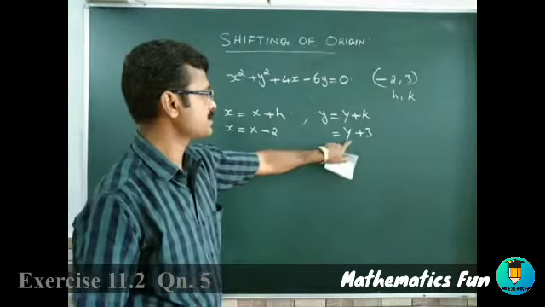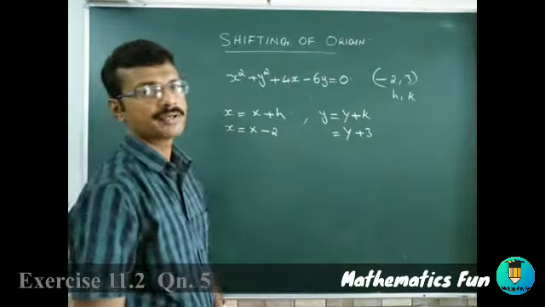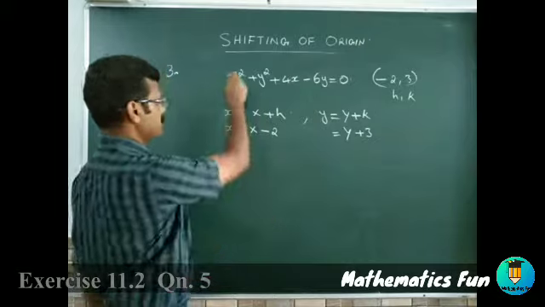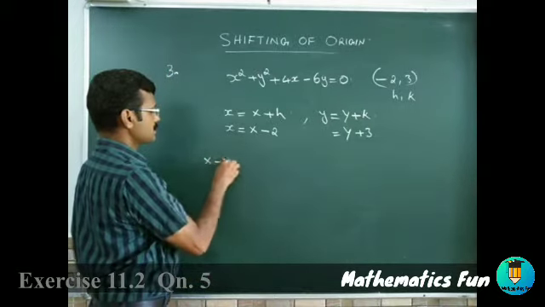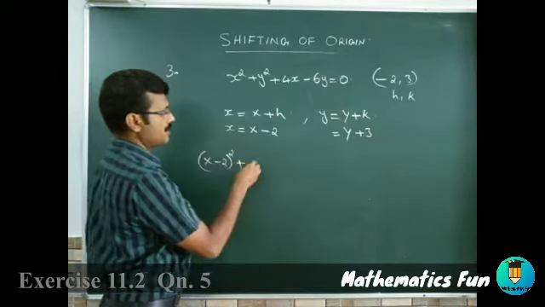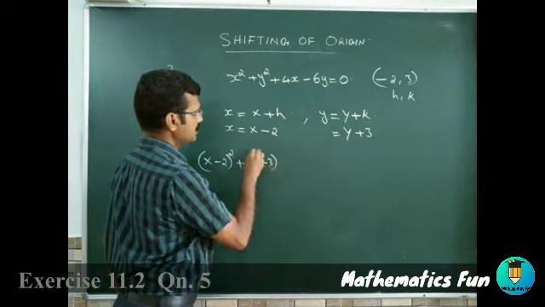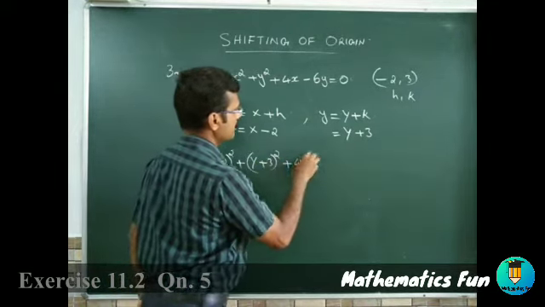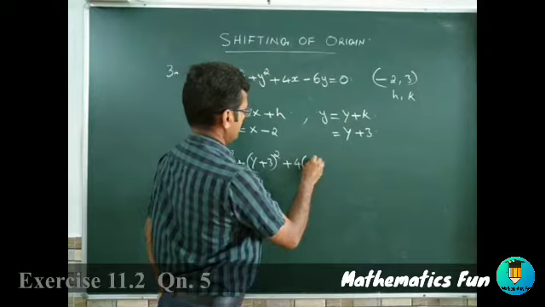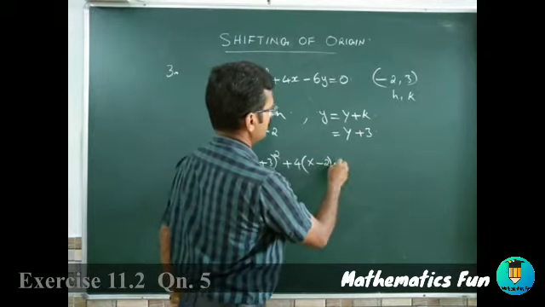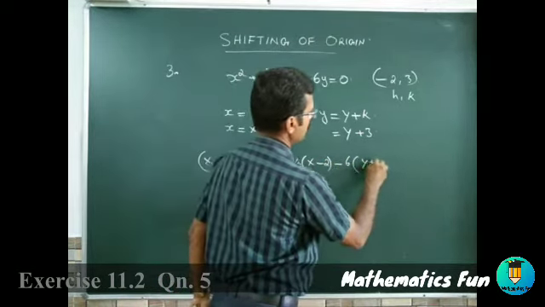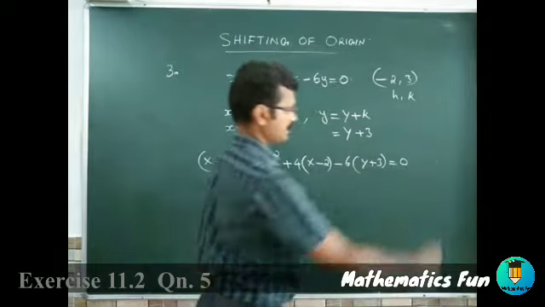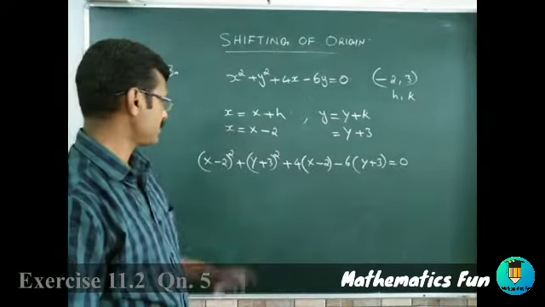This small x and small y we will put here and we will simplify it. So I will substitute here. That is x minus 2 whole square plus y plus 3 whole square plus 4 into x minus 2 minus 6 into y plus 3 is equal to 0. Now we have to expand it.